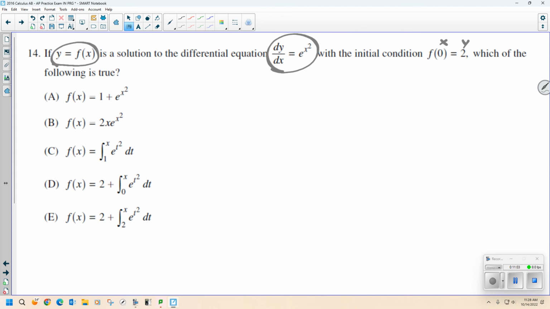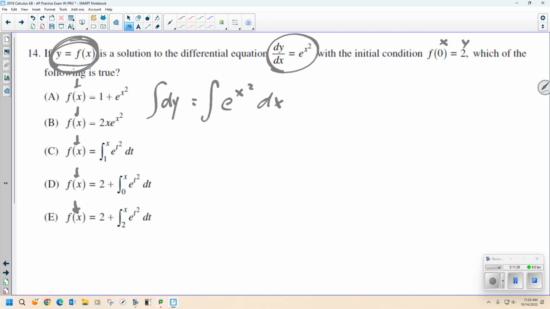All right. So obviously, all of our answers are f of x equals. So I'm really just trying to find this right here. When I first did this, I wanted to make this a separable differential equation, meaning I'd multiply both sides by dx, and I would get e to the x squared dx on this side and dy on the other. I would integrate both.